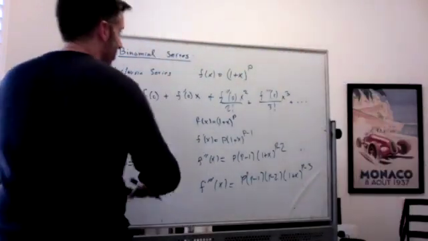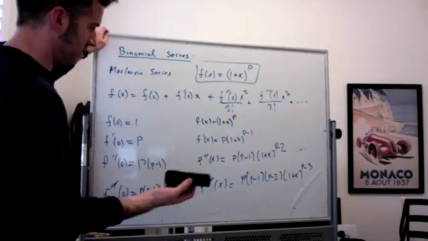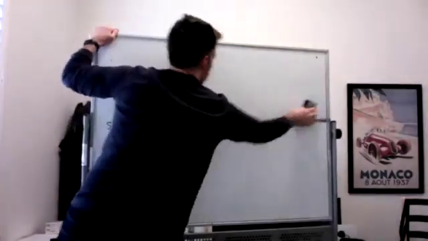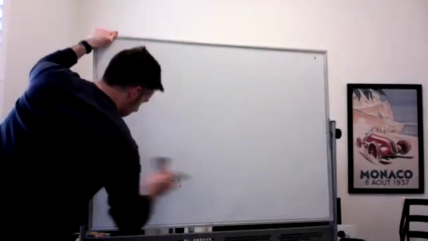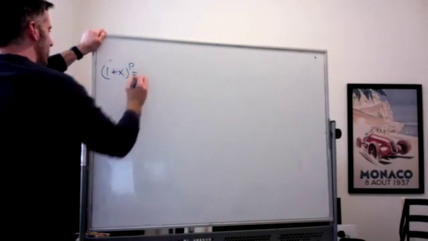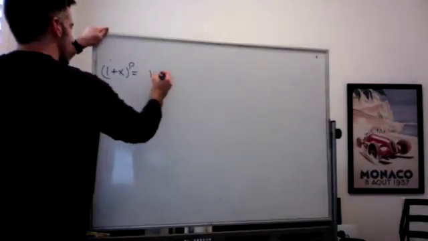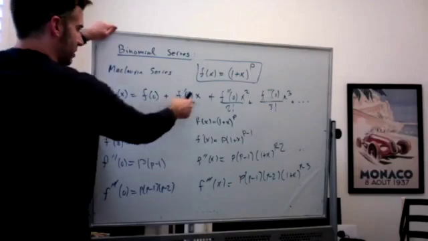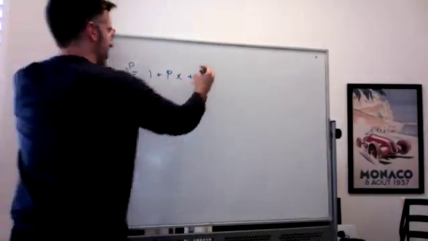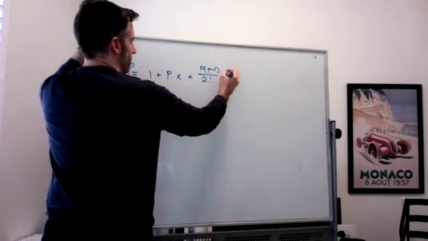So we can write out the Maclaurin series for this as the following, which I'm going to have to write on the other side of the board. 1 plus x to the pth power is equal to f of 0, which is 1, plus f prime of 0, which is p times x, plus f double prime of 0, which is p times p minus 1 over 2 factorial times x squared.